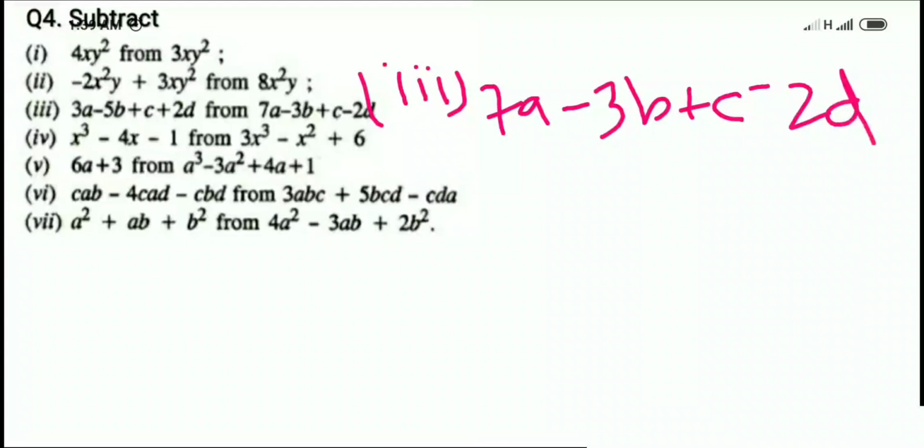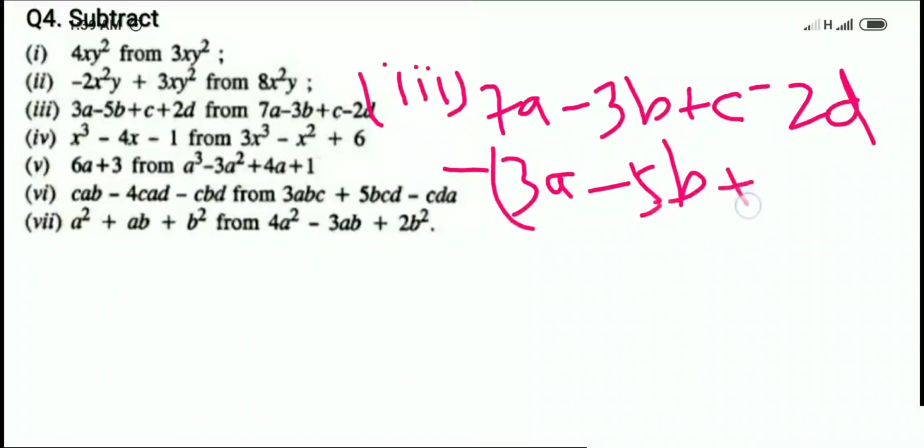We are going to subtract from this value. So give a minus sign and we write 3a minus 5b, keep them in bracket so that it becomes easy for us to change the signs. 3a minus 5b plus c plus 2d.